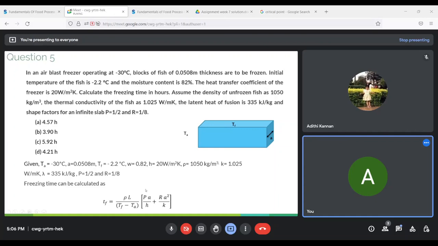L is the latent heat of fusion of the water, or your moisture content, since it is the moisture content that is being crystallized, so you need to deal with the latent heat of fusion of that moisture content. T_F is your slab surface temperature. T_A is the temperature of your freezer. P and R are shape factors which depend upon the kind of geometry you are dealing with. a is your slab thickness. h is your convective heat transfer coefficient and k is your conductive heat transfer coefficient.